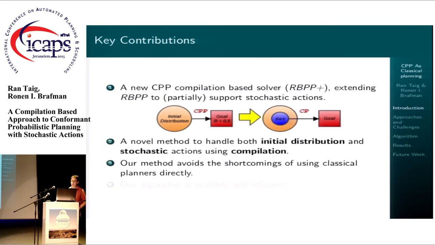This method is novel in the sense that it combines the ability to handle both kinds of uncertainties, the initial distribution and the uncertainty about the action's outcomes, and it does that using a compilation approach. And by doing that, we avoid the shortcomings of using classical planners directly. And maybe most important is that our algorithm is more scalable and efficient compared to previous solvers.